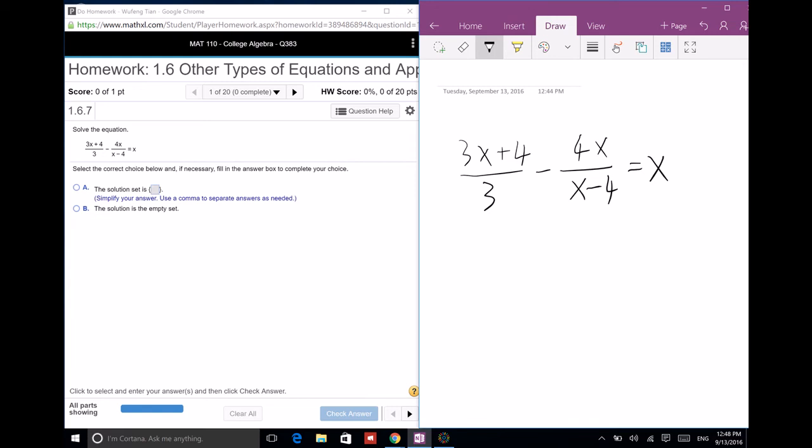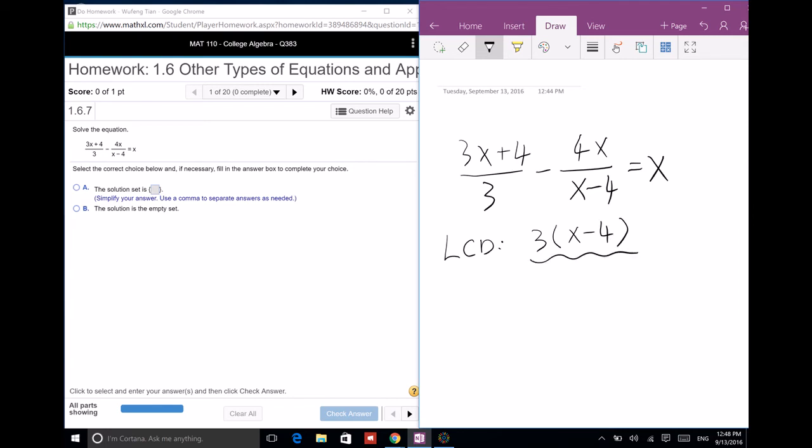So the main problem is how do we get rid of the denominators? The LCD, the least common denominator, is 3 times x minus 4. You need to multiply everything by the LCD, then you don't have any denominator.